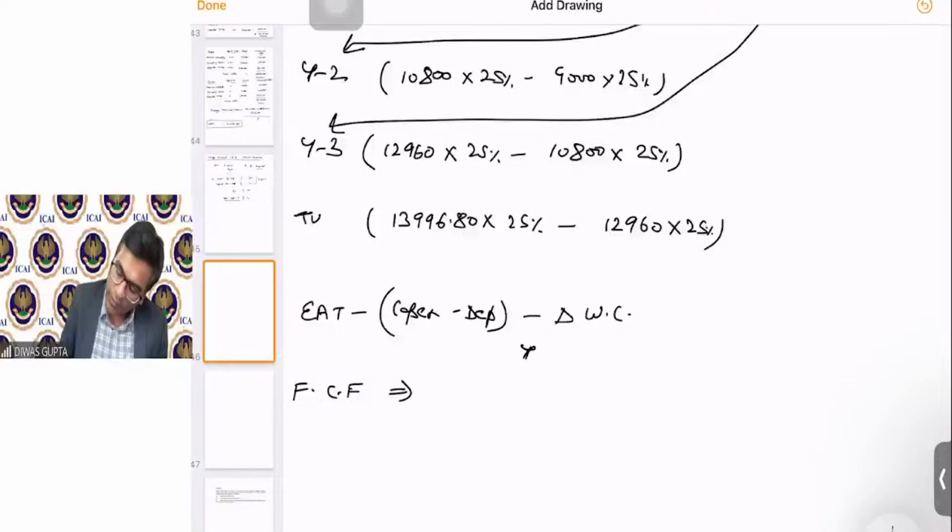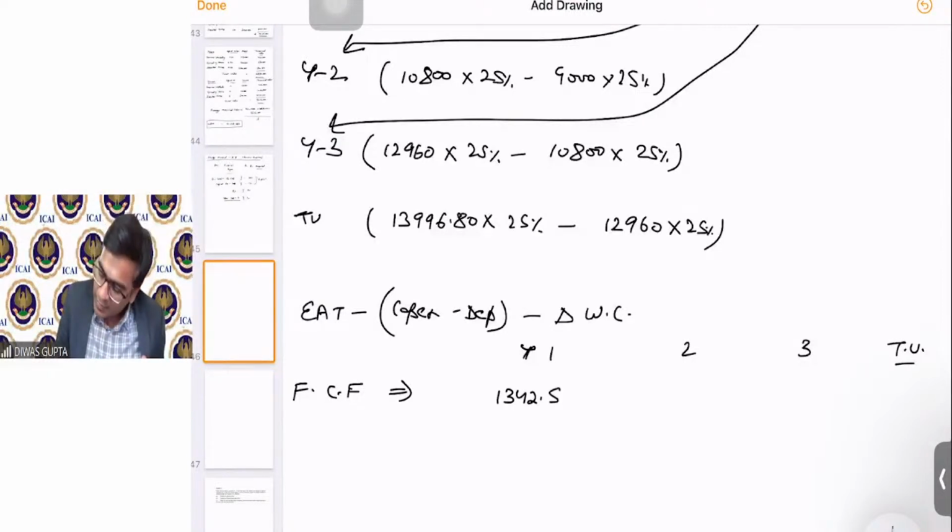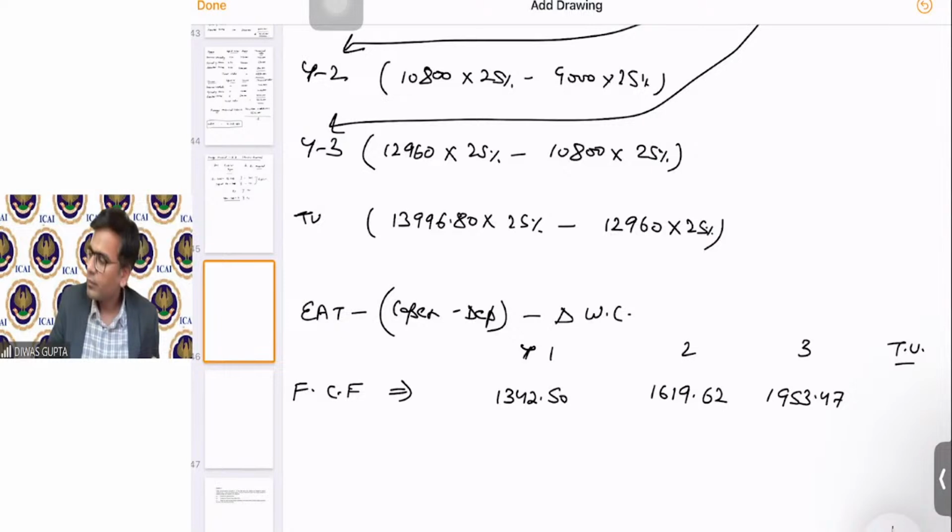So for year 1, 2, 3 and terminal value, we arrive at 1342.50, 1619.62, 1953.47, 2680.13, 2680.13.